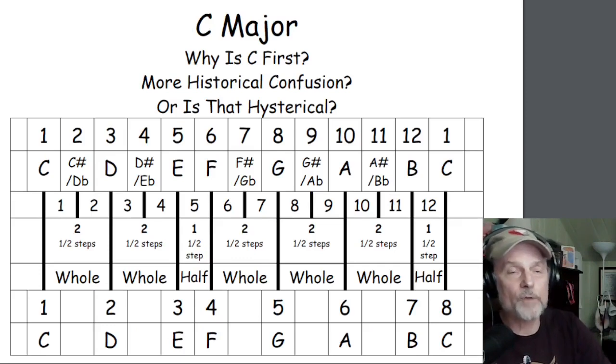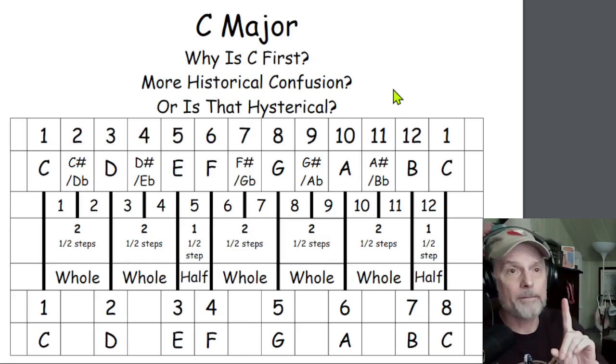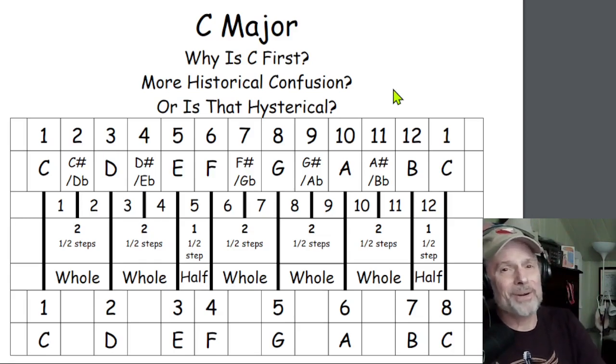So let's move on. So why is C first? More historical confusion, or is that hysterical confusion? It's true. I'll make a video later about why. It's not very technical and it's not very interesting.